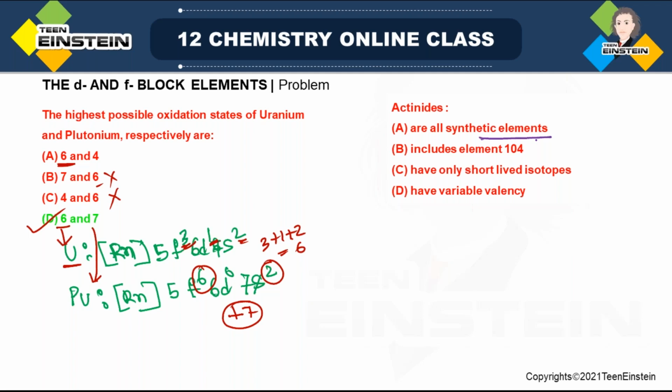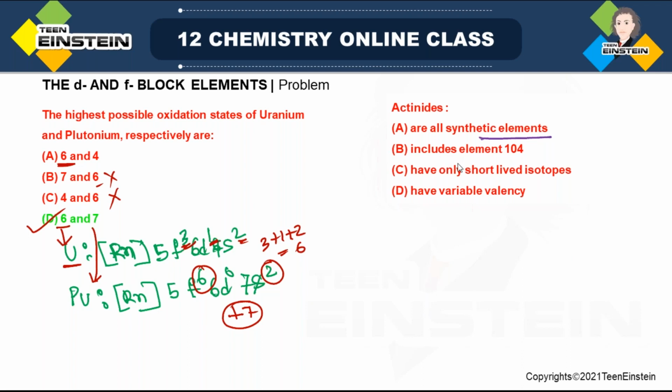Is it true? It is not true. All of them are not synthetic. Fine. Because if it were so, then it should be properly mentioned. But we have never mentioned that all of them are synthetic elements. So this is not true.